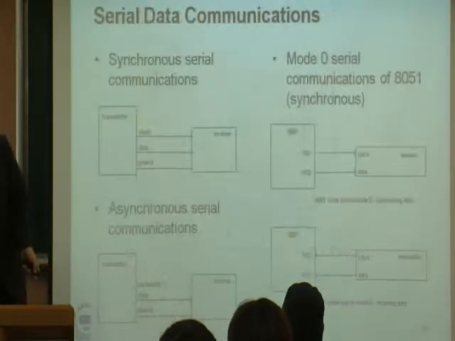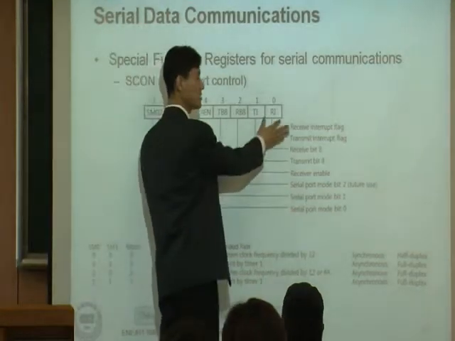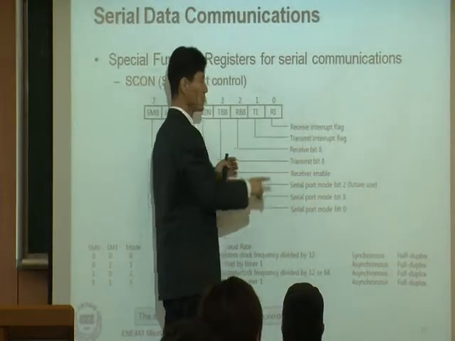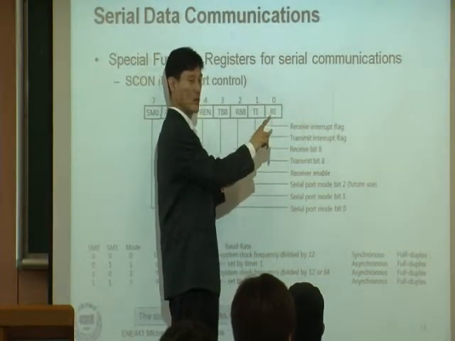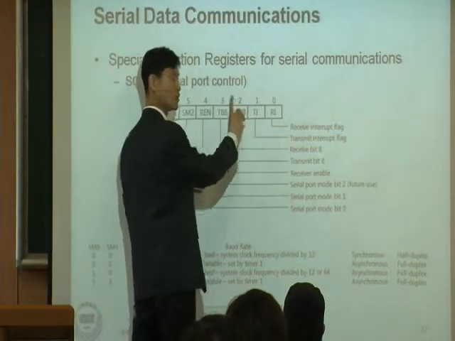Same way, in serial communication, whenever a receive interrupt event happens, you get this value to 1. Whenever a transmit interrupt happens, we have this bit to 1.